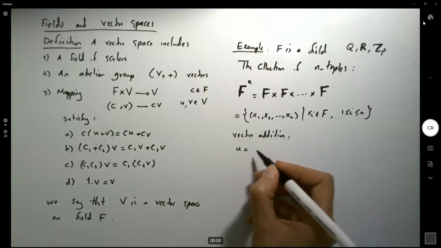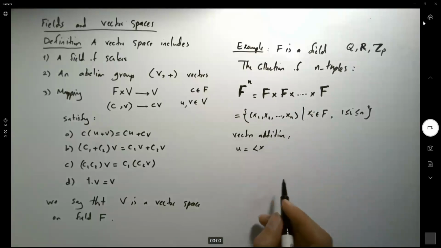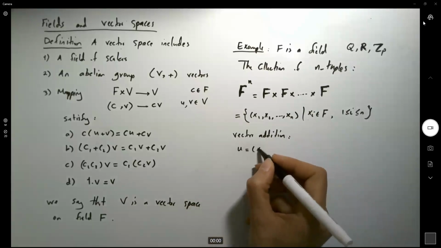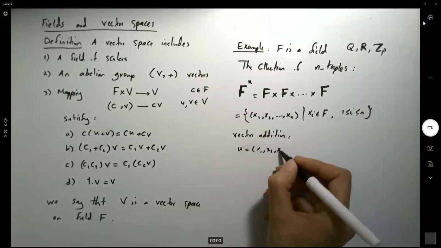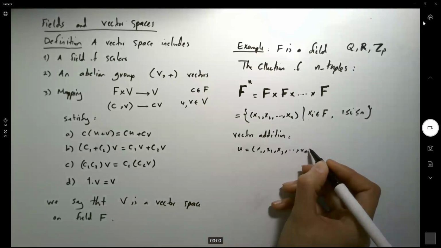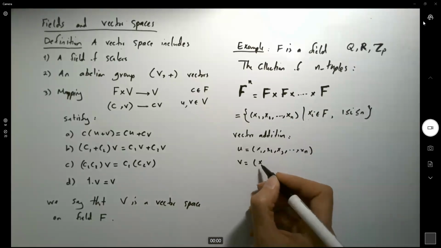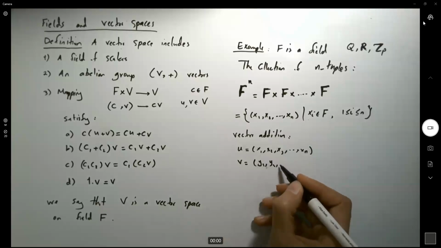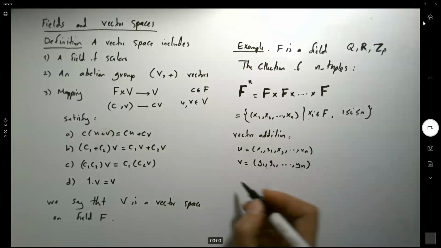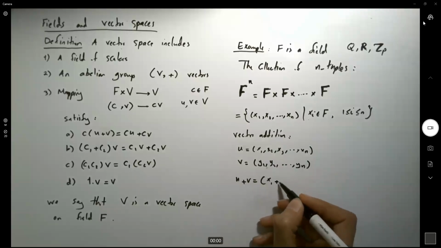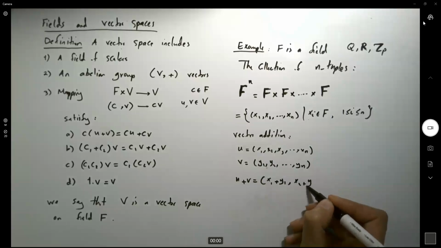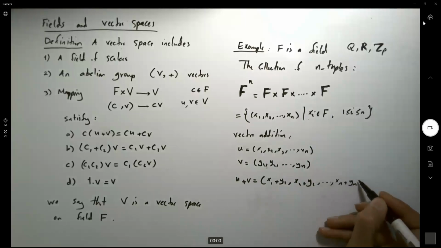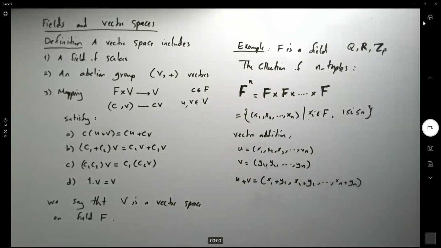Suppose you have u, which is (x1, x2, x3, ..., xn), and v is defined as, for example, (y1, y2, y3, ..., yn). We can add u and v together, and you get (x1 plus y1, x2 plus y2, x3 plus y3, and so on, xn plus yn). So this is your vector addition.